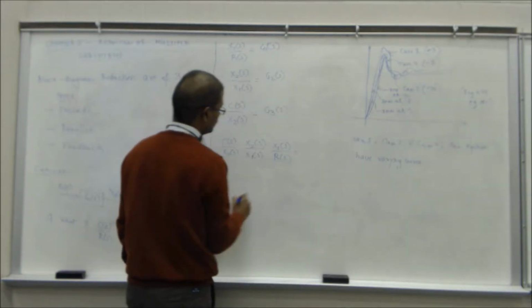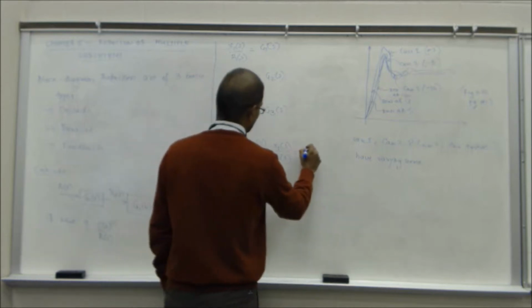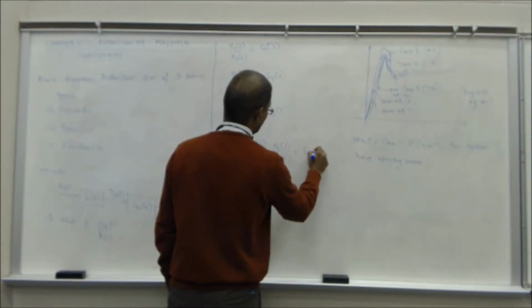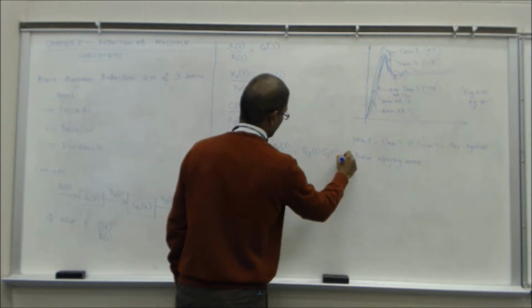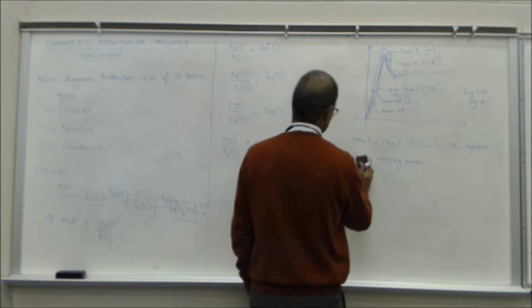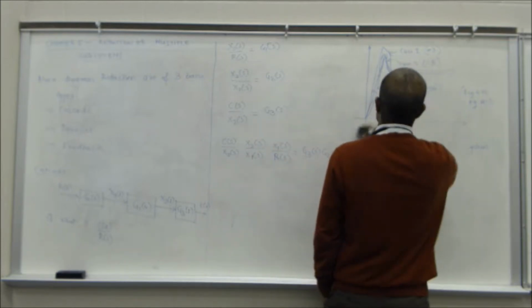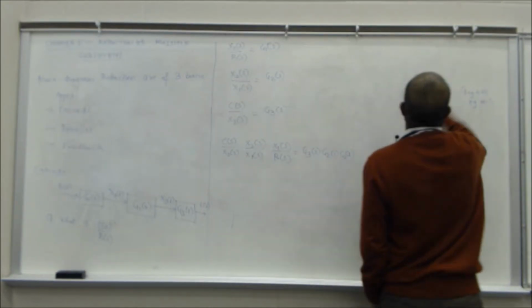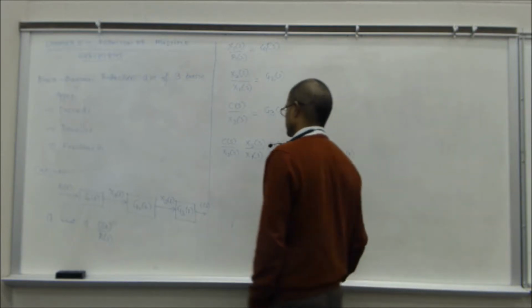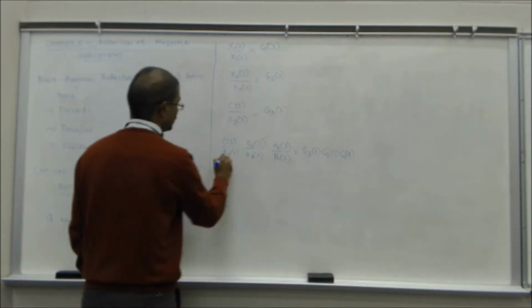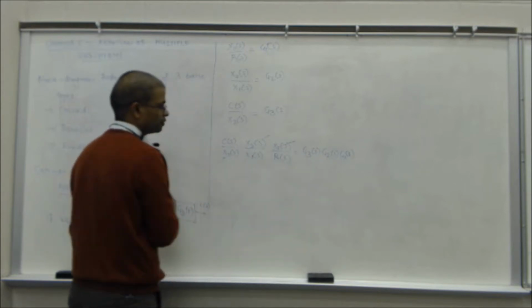So this is G3 of S, G2 of S, G1 of S, right? So you can just cancel this off, right?